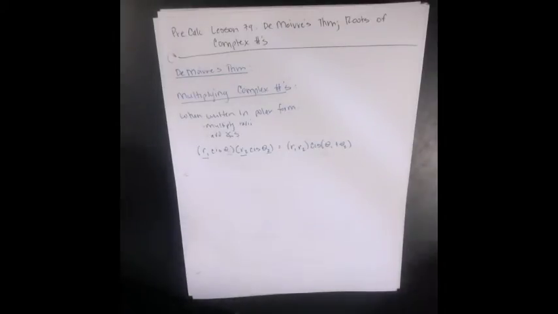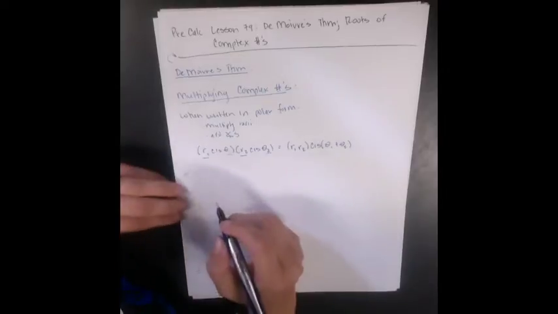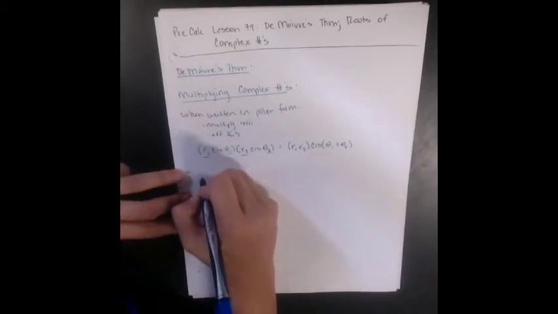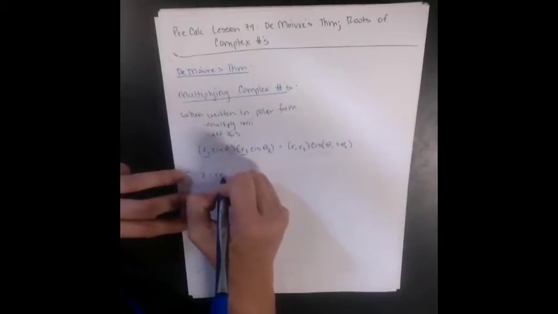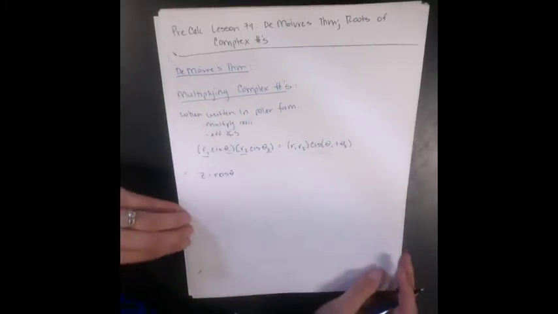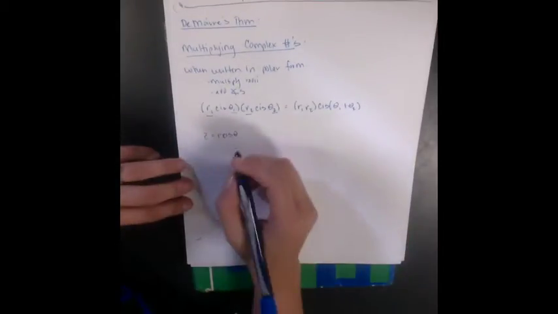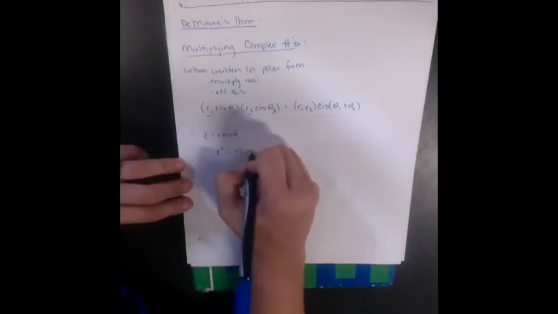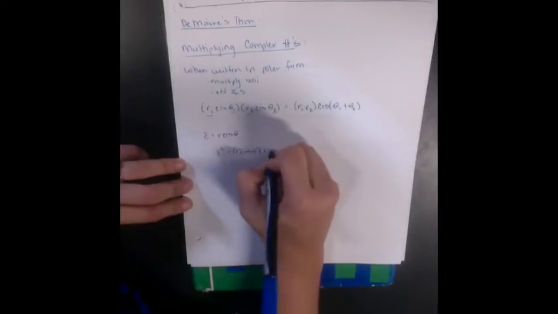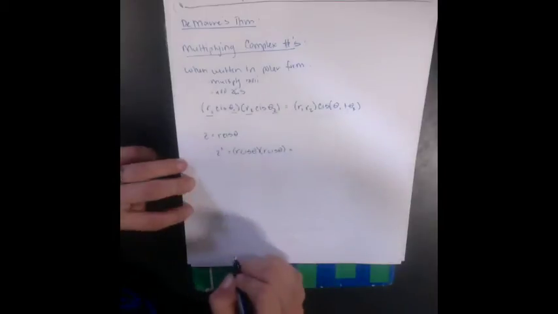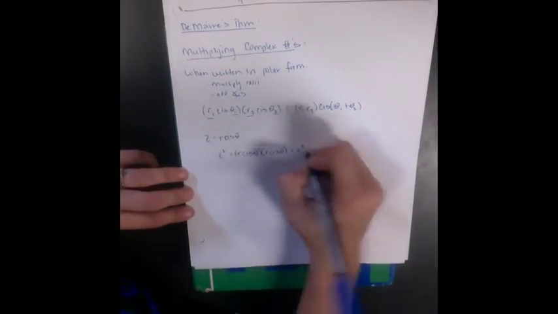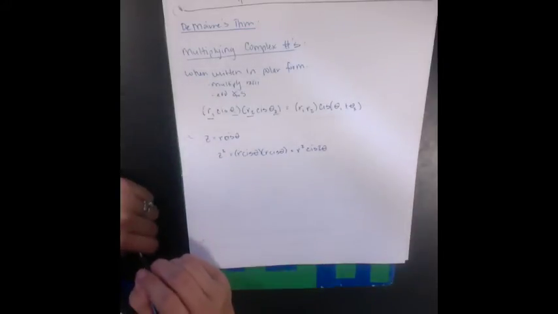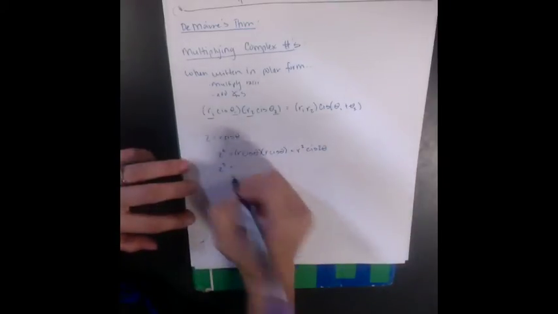Now, we can have this new lovely idea. Let's say z equals r cis theta. We just found that if we have z squared, that was r cis theta times r cis theta, which actually gives me r squared times cis of 2 theta. What if I had z cubed?